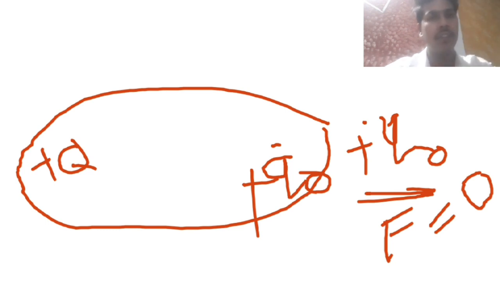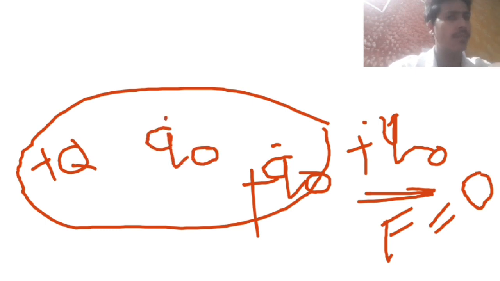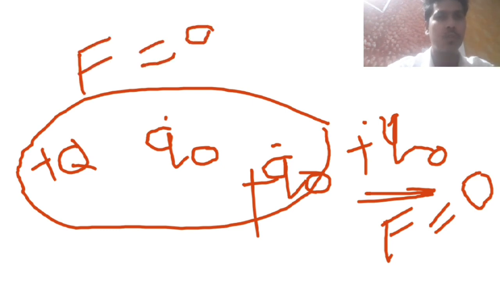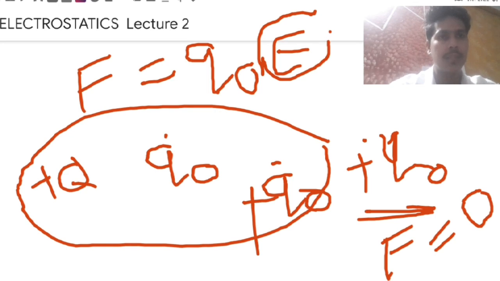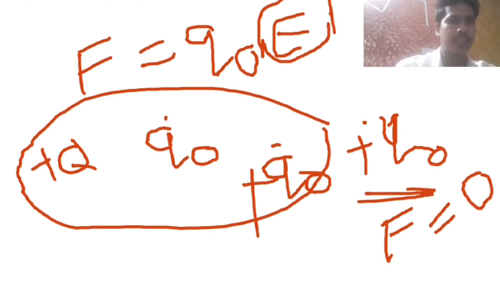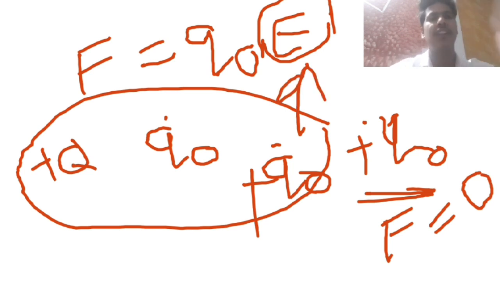But if you put the charge anywhere inside this space, this Q naught will experience some force, and the force can be given by this formula F is equal to Q naught into E. Okay, so here this E is the electric field intensity. We will see this electric field intensity in our next slide. But here you can find this formula, that is, force F is equal to Q naught E.